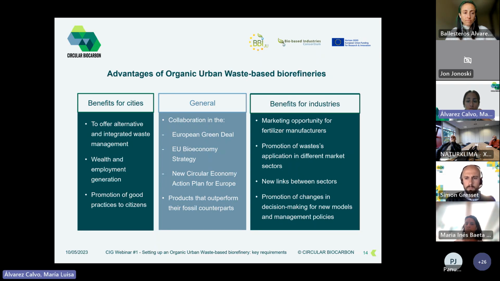According to the benefits for industries, we can find that they are a marketing opportunity for fertilizer manufacturers because industries will be able to phase out the use of peat, for example, by using these bio-based materials in growing media.